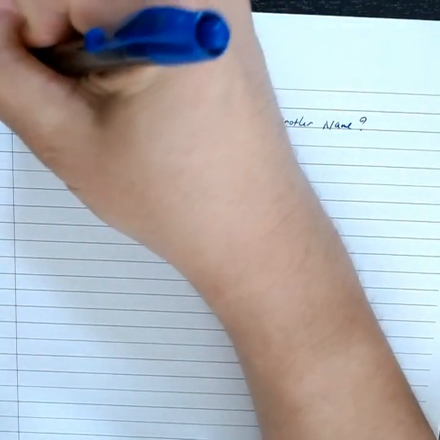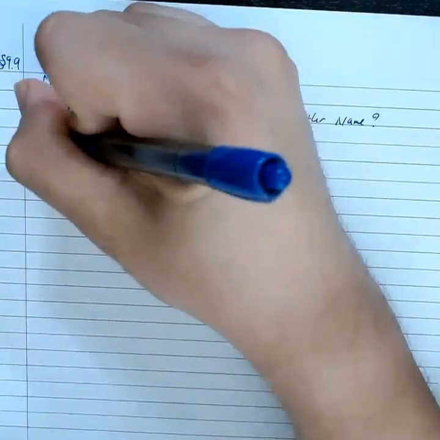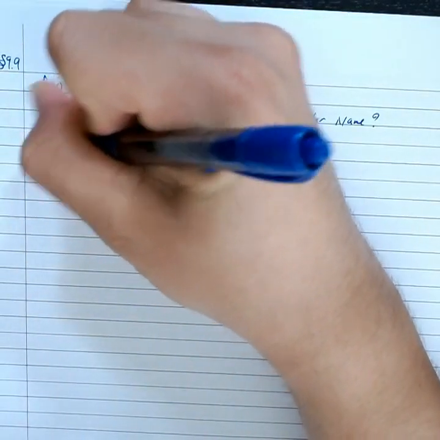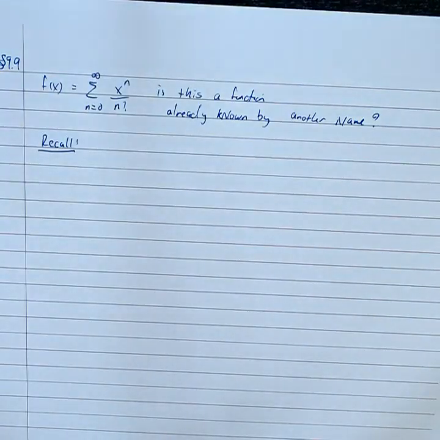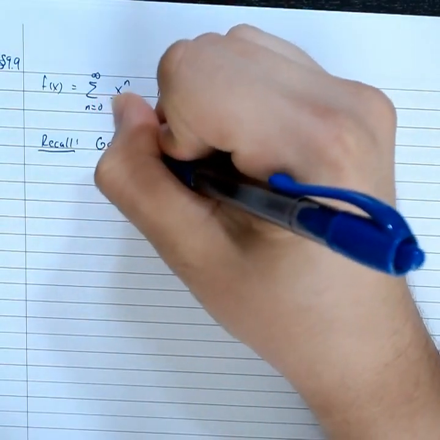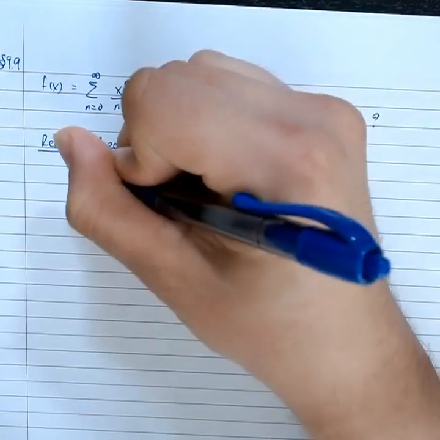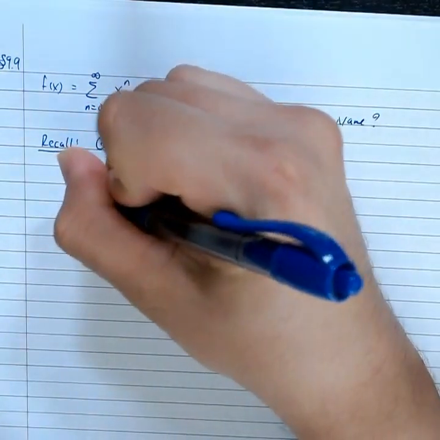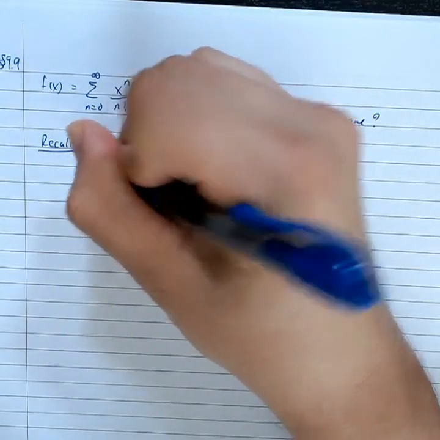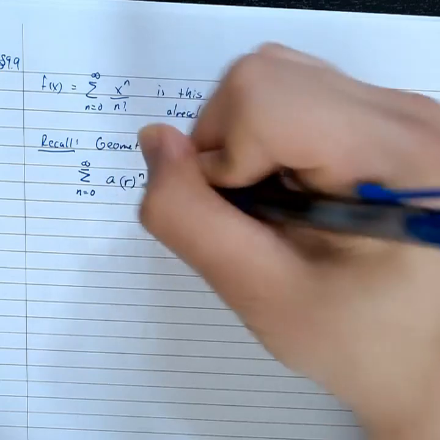Let's talk about what we get when we look at series that look like a geometric series. So recall, and this was from the very beginning of chapter 9, 9.3, I believe, we were talking about the geometric series. The geometric series is the one that looks like this: the sum as n goes from 0 to infinity of a times r to the power n.